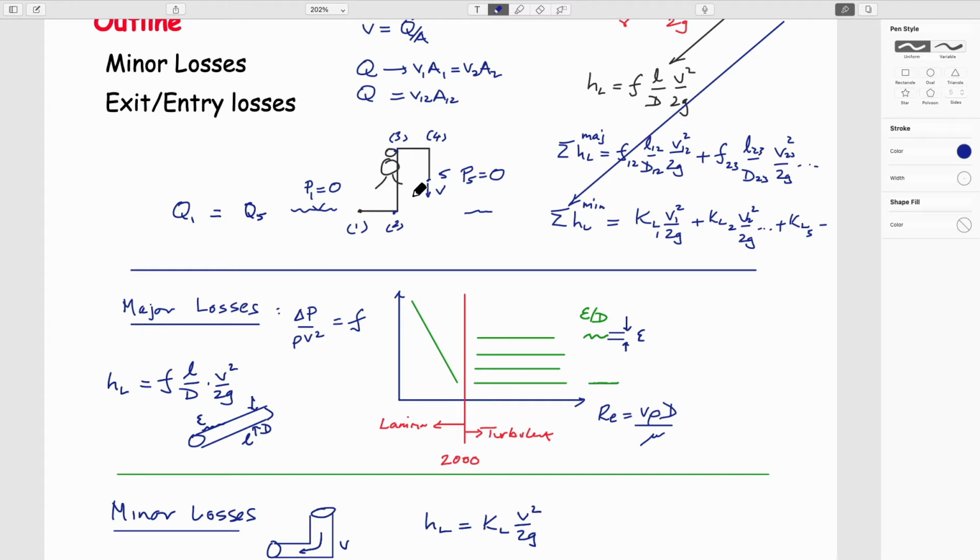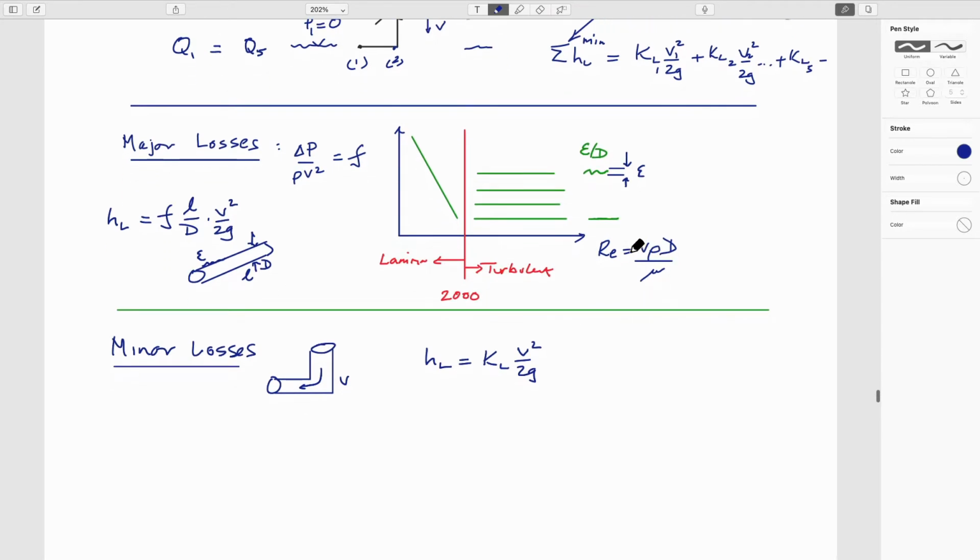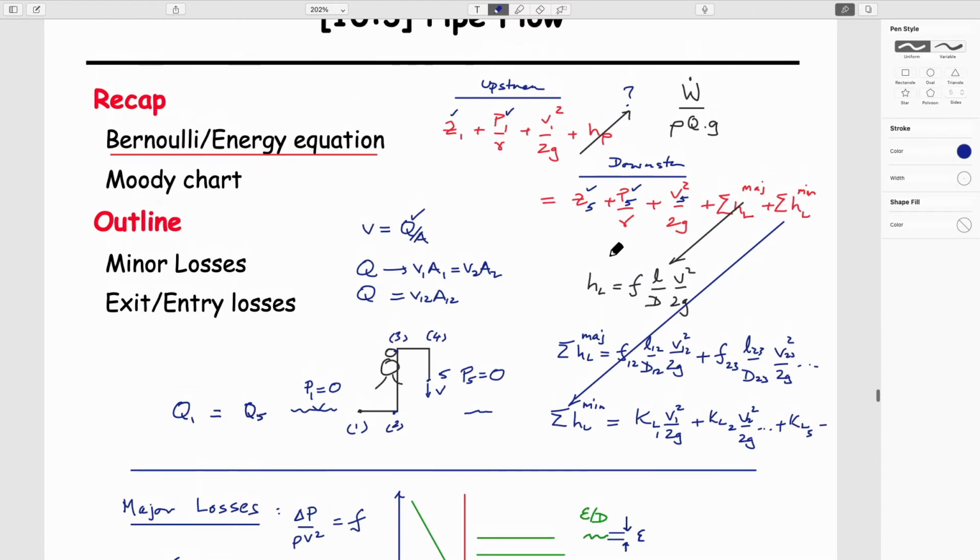So what comes in here goes out, so the flow rate through each of the parts is the same. And so if that's the case, then we can certainly define the velocity and figure out exactly where we are on this graph, and then use that term in here to be able to solve for all of these. So presumably we can solve for all of these because we know the velocities and the friction factors. We can solve for all of these for the same reason.